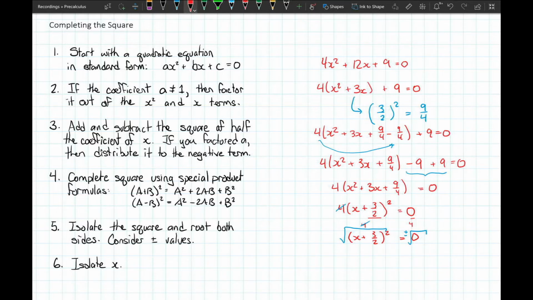In my case, taking the root of 0 is 0. Plus 0 and minus 0 are both 0. I get a single value here. And now I have x plus 3 halves equals 0. And that means that x is going to equal negative 3 over 2. I can isolate it.